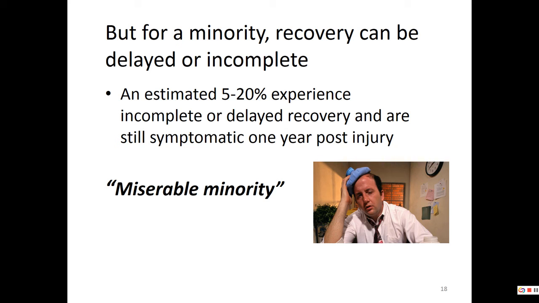So we do call these individuals the miserable minority, who don't have that normal recovery time frame where within 2, 3, 4 weeks tops they're back and symptom free. And definitely, when these people come into our practice at Madonna, they are miserable.